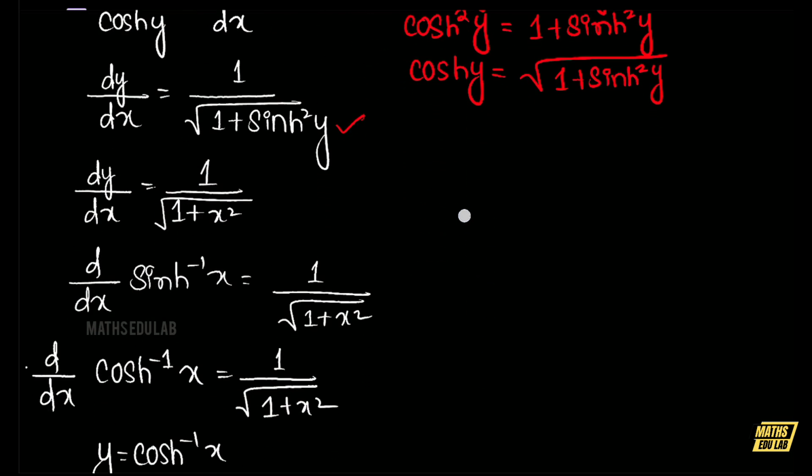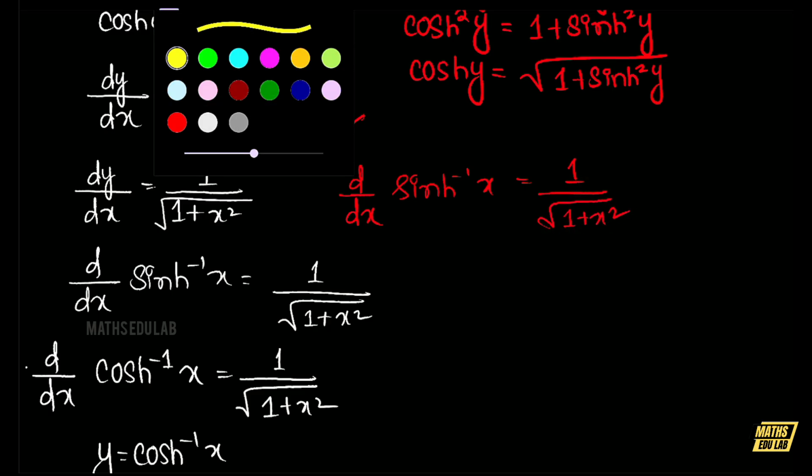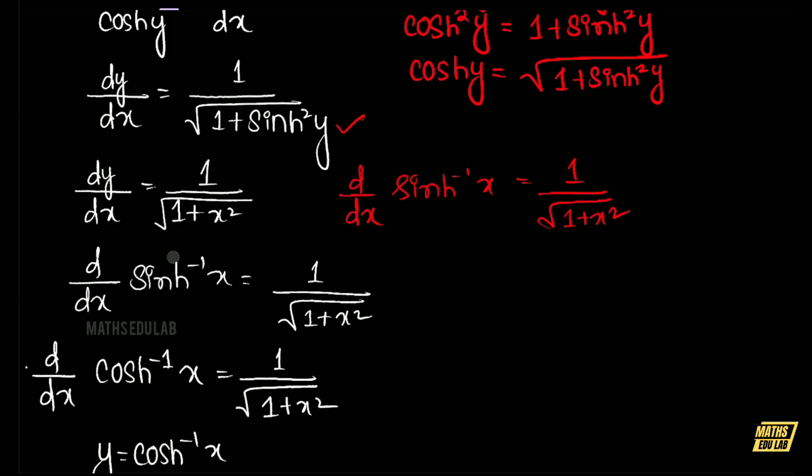Then we got the value of sine hyperbolic inverse x, because here y is nothing but our sine hyperbolic inverse x. So we got 1 upon root over 1 plus x square. This is the formula of the derivative of sine hyperbolic inverse x.